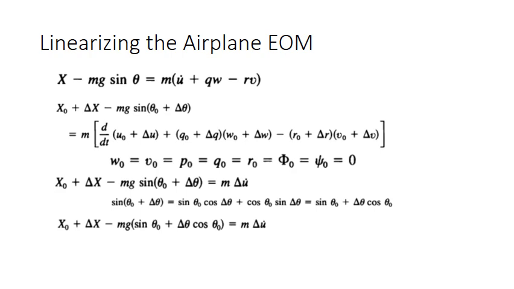Applying step number 4 of the linearization process to remove the steady-state equation from the perturbed equation. The steady-state equation can be obtained by setting all the perturbed variables to 0 in the perturbed equation.